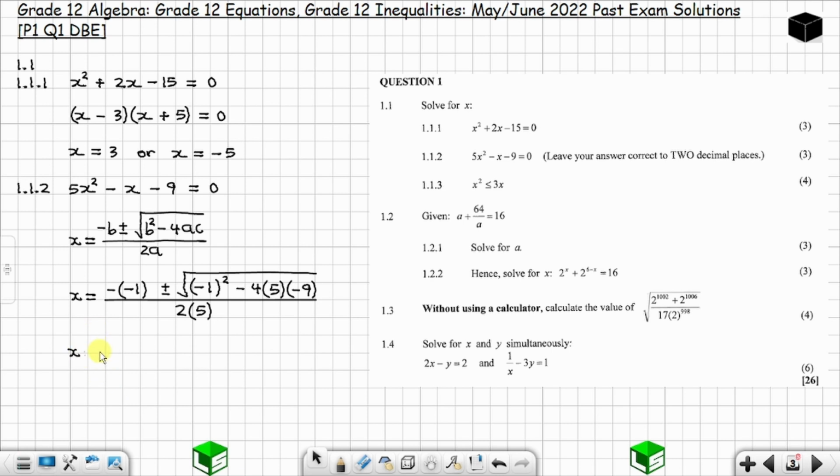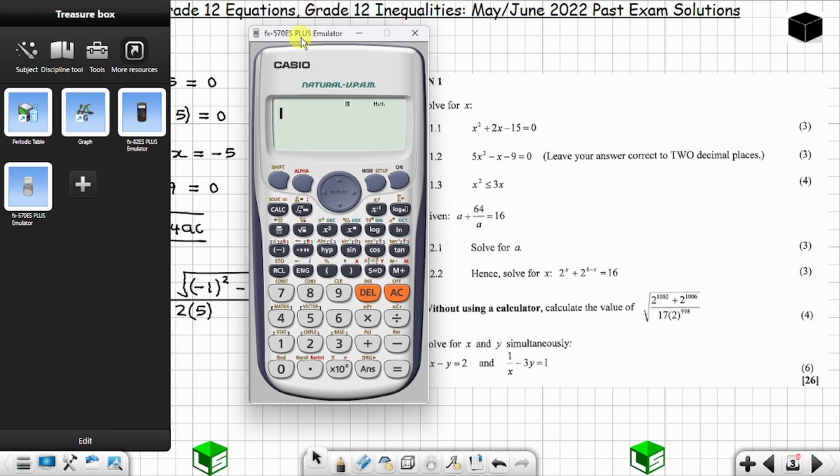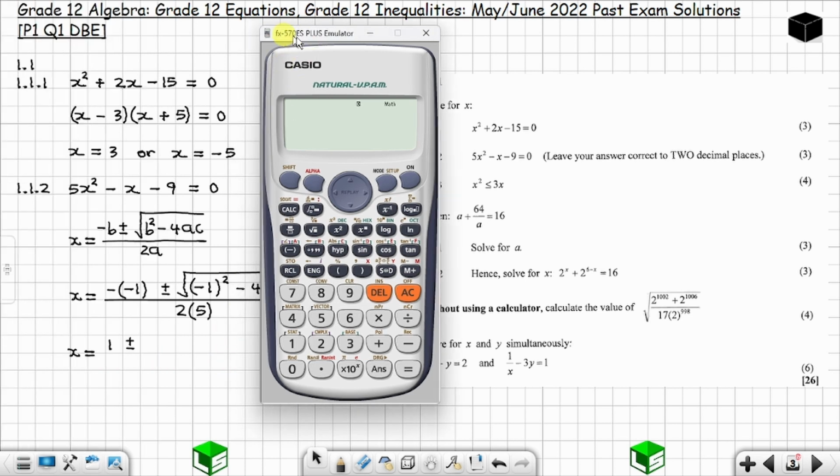x is equal to minus negative 1, which is 1, plus or minus, and use your calculator. I'm going to use my emulator.